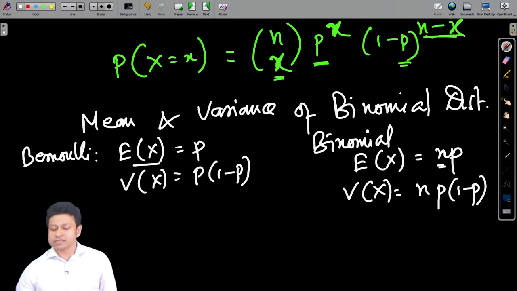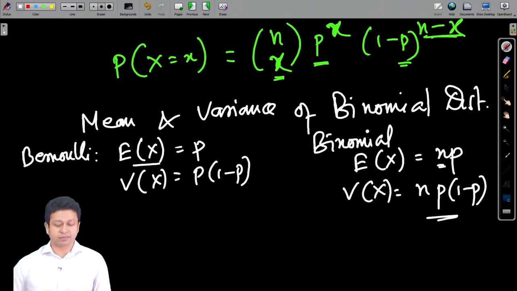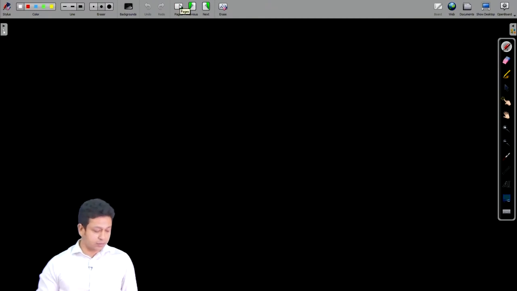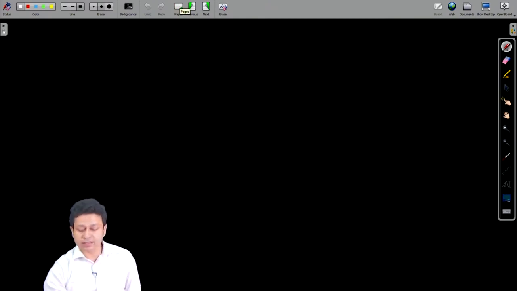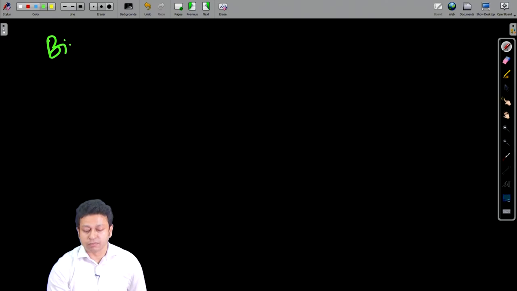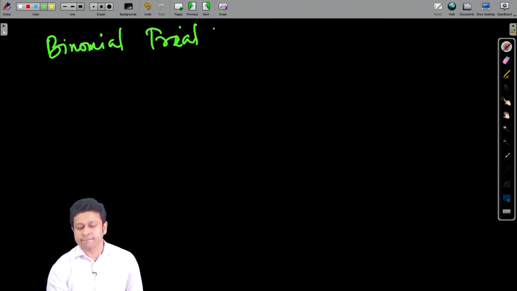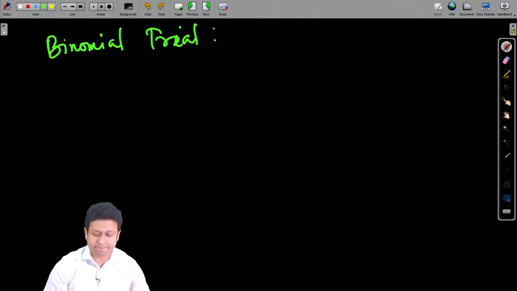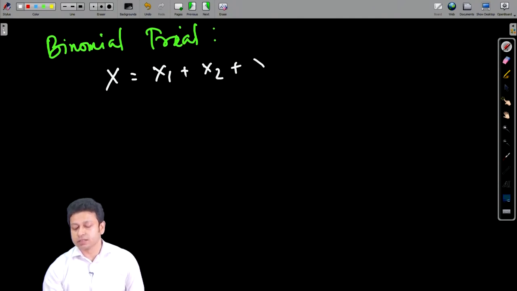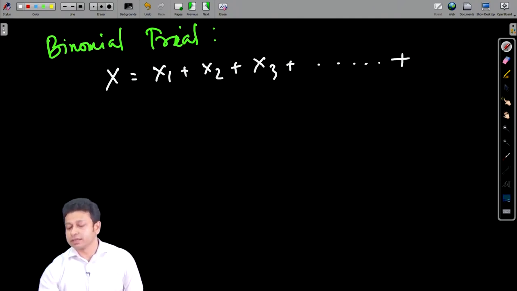Now, I have done it simplistically, but actually I can prove how it works from Bernoulli to binomial, and I think that would be a good idea. So for a binomial trial, let us say X is equal to X1 plus X2 plus X3 plus up to Xn.